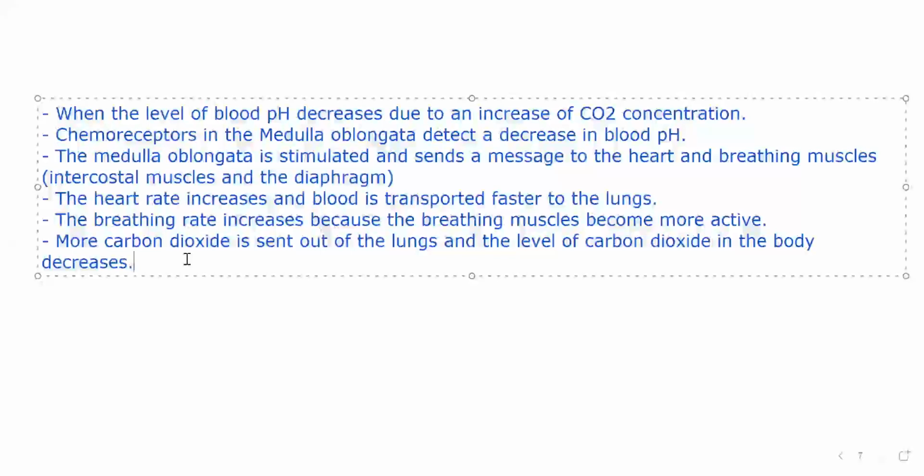In the equation that we had earlier, you will not see that oxygen is there to try to reduce carbon dioxide. No. We're taking out carbon dioxide to reduce the level of hydrogen ions, to reduce acidity. So oxygen is not necessarily part of this, although it is true that when you breathe in fast, you're taking in oxygen, you're taking out carbon dioxide. But our center of concern here is carbon dioxide.